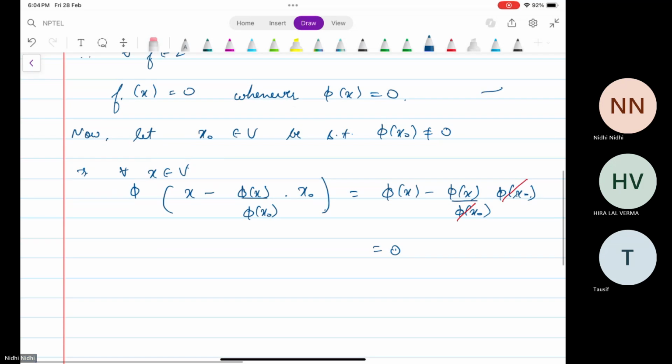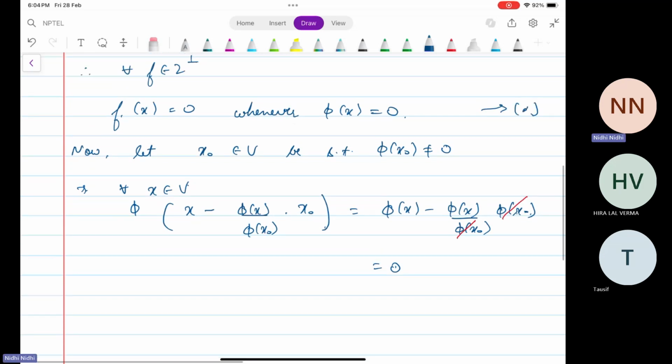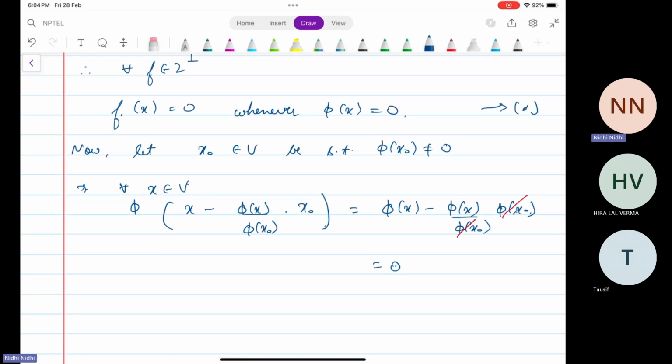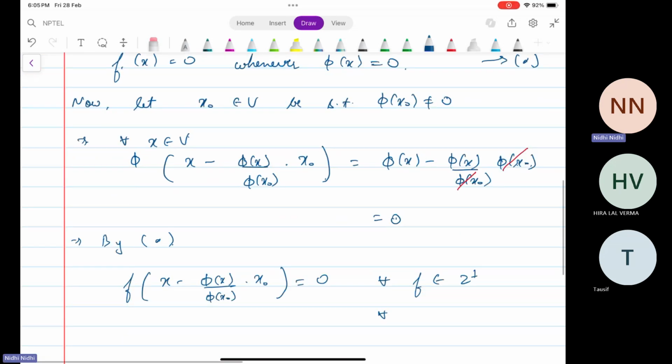Now, since phi at x minus phi x by phi x naught times x naught is 0, then by star, f of x minus phi x by phi x naught times x naught is 0 for every f belonging to Z perp, and this is happening for every x in V.